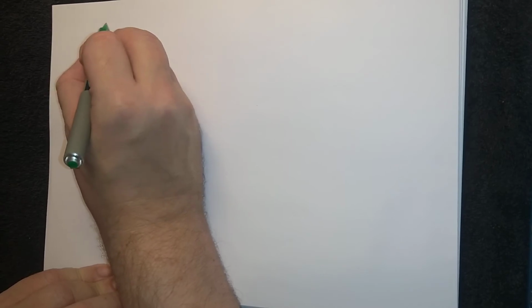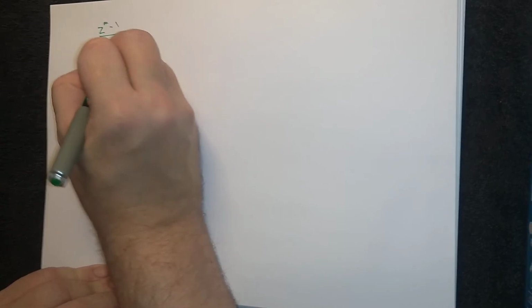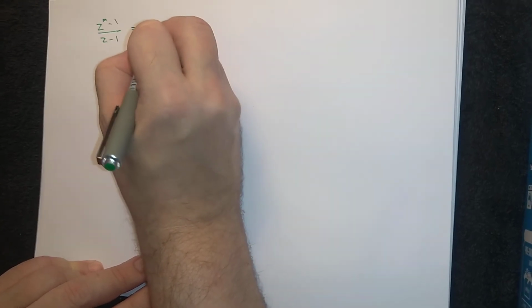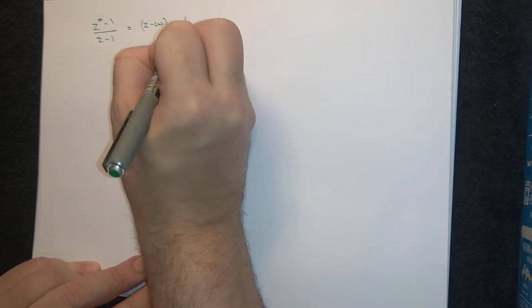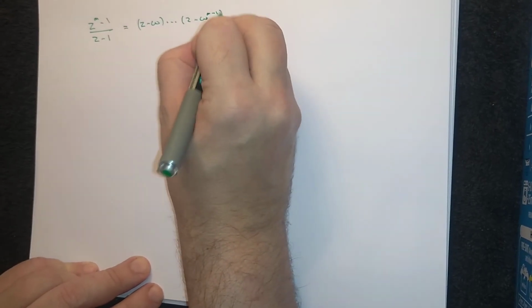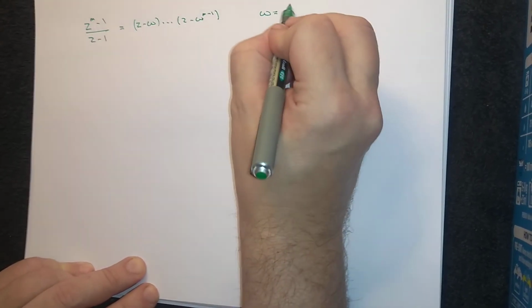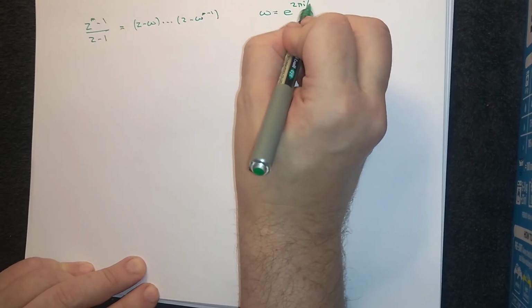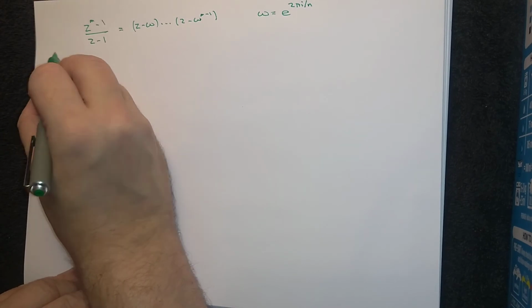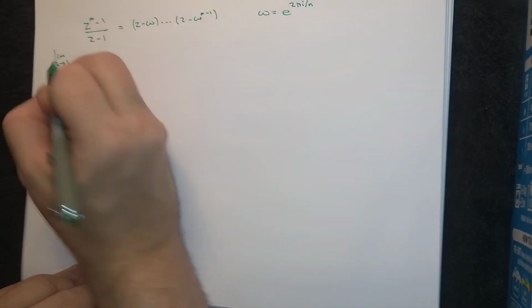What we can do next is use z to the m minus 1 over z minus 1 is z minus omega to the n minus 1, where omega is e to the 2 pi i over n, and then take the limit z goes to 1.